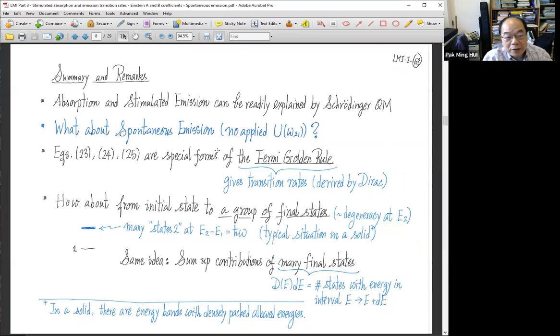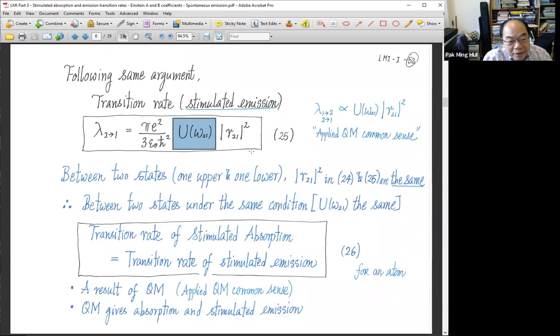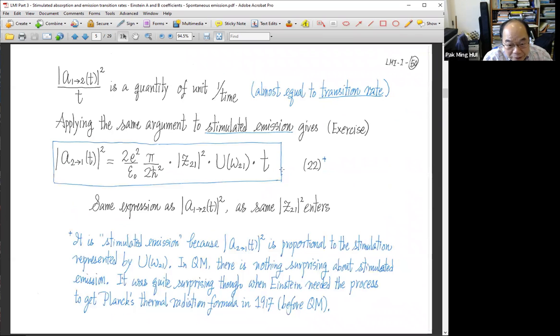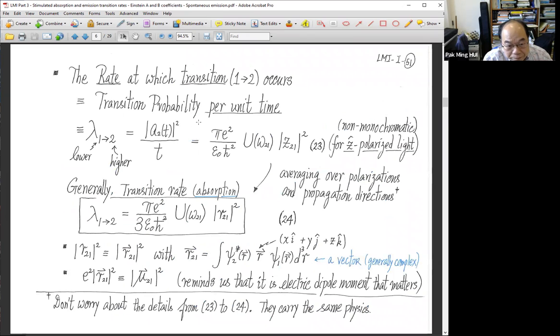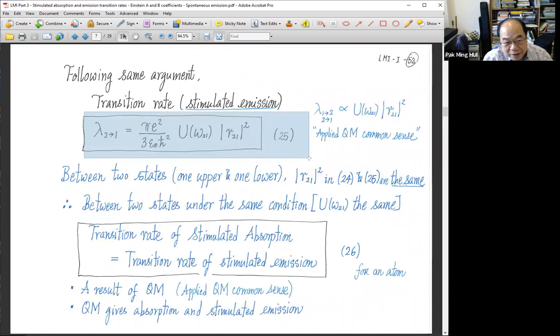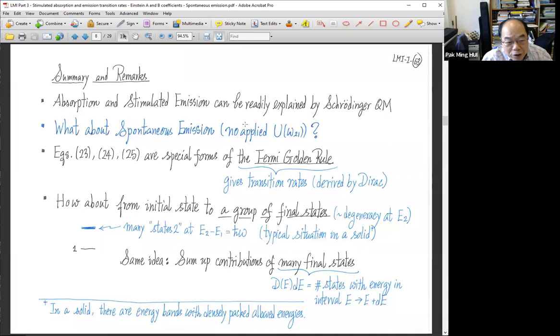The third point is that these few equations, this one, or this one, or this one, are often called Fermi golden rules. They are special forms of Fermi golden rules.